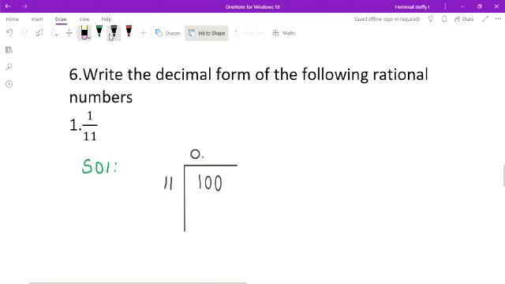We should put the 0 here in the quotient because after the point I put the 0 in that place. Sorry, I put the 0 properly.